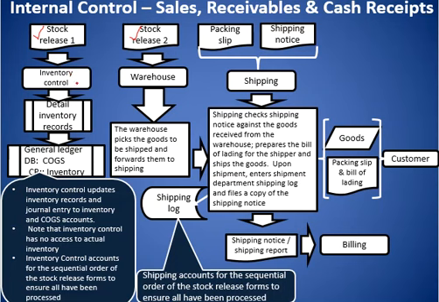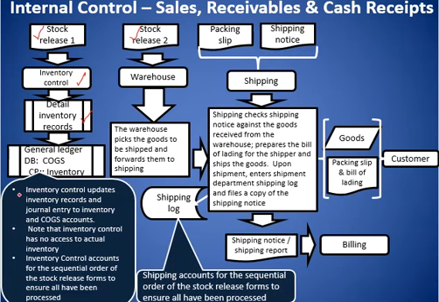The stock release goes to the inventory control department. The inventory control department then will use that stock release to update their detailed inventory records, meaning that the products that are going to be taken out of the inventory warehouse are the items on that stock release form.